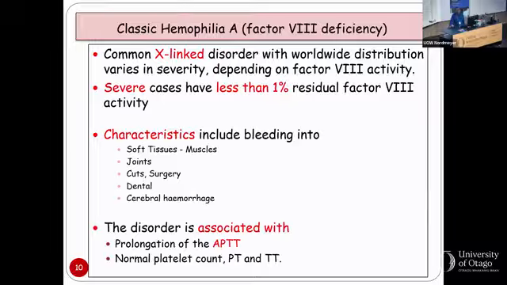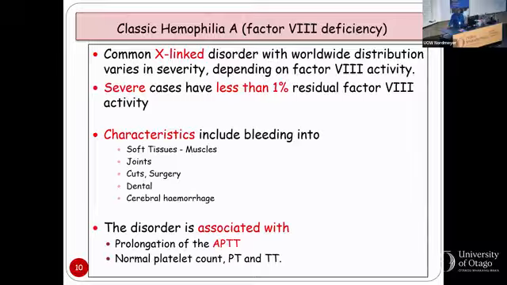Interestingly, when we measure factor 8 function, again, I'm not talking about the quantity, I'm talking about the function, many times when we report these percentages, we're actually talking about percentage with reference to normal. Normal in terms of what samples we have for normal at that time. So we report percentages with reference to normal.